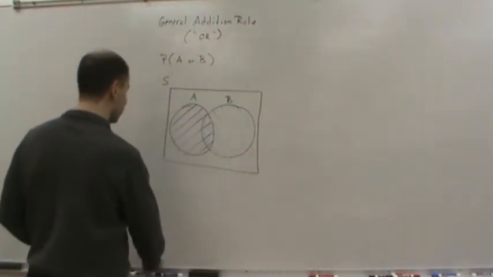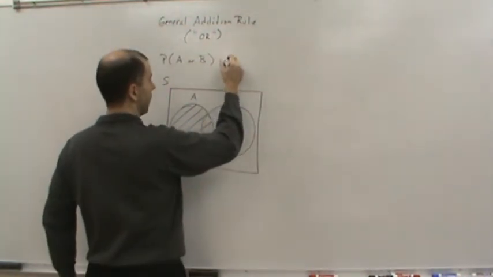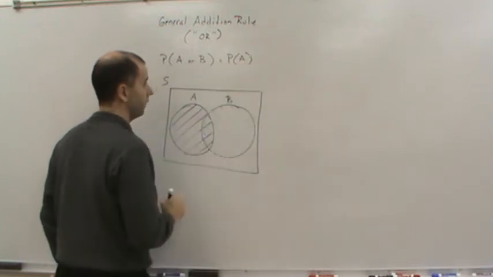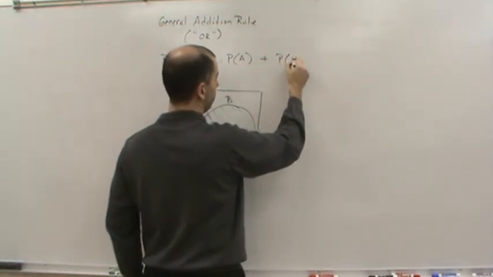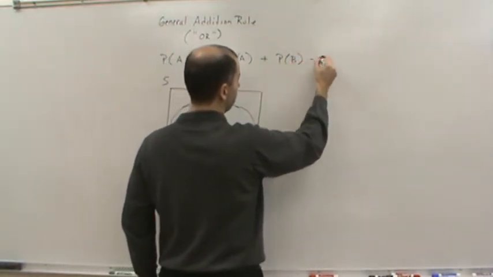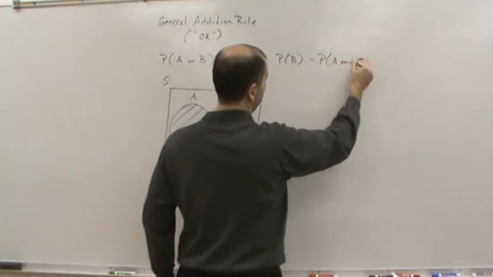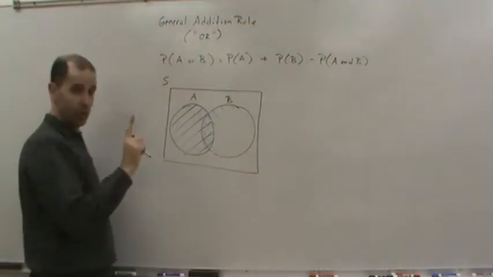So the general addition rule is just this: the probability of A plus the probability of B minus the probability of A and B. I'm just going to write this underneath.